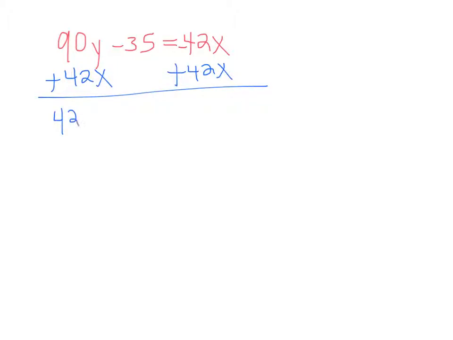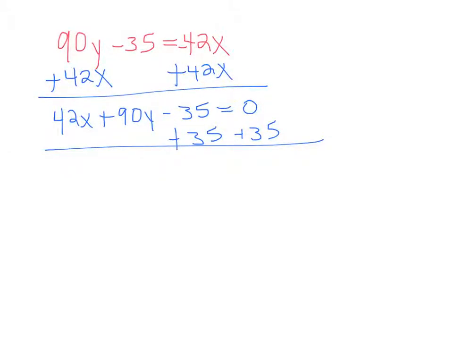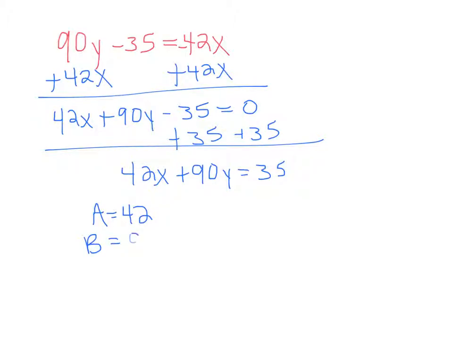So 42x plus 90y minus 35. Like I said, there was nothing else on the right side, so I have to put 0. Equals 0, and now I can just add 35 to both sides. And 42x plus 90y is equal to 35. That's standard form, so A is equal to 42, B is equal to 90, and C is equal to 35.